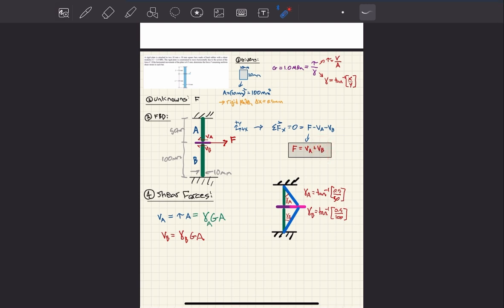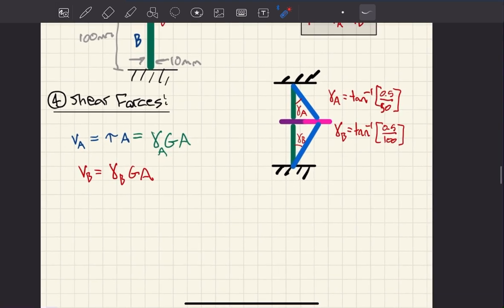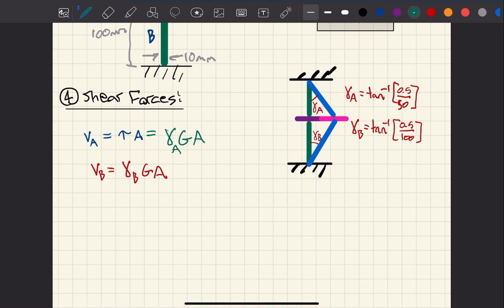And how do we find those? Well, we simply find it using this lovely equation right here, and we have all the values. So we can just plug all that in. VA will end up equaling, I'll just write this down, tangent inverse of 0.5 over 50. Please remember to use radians.